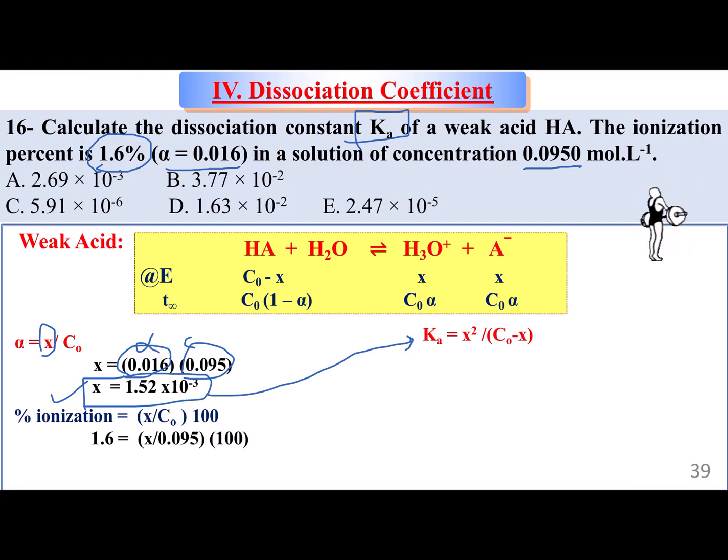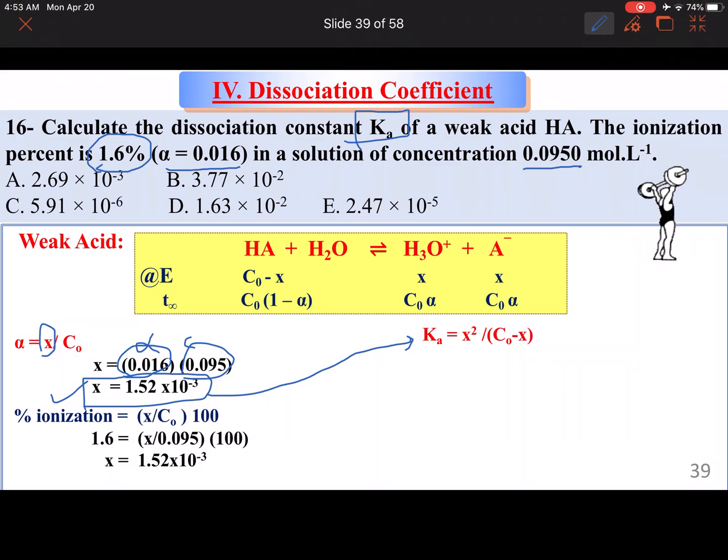And usually, guys, with Ka, it's best to use this because some of you might ask, shouldn't I ignore x, or can I remove x from the denominator? If I'm doing a calculation for Ka, it's best that you keep the x in, okay? At least in my opinion. Now, some people tend to disagree with that, but in my opinion, even if x is a small number, substitute it in because you have the number.